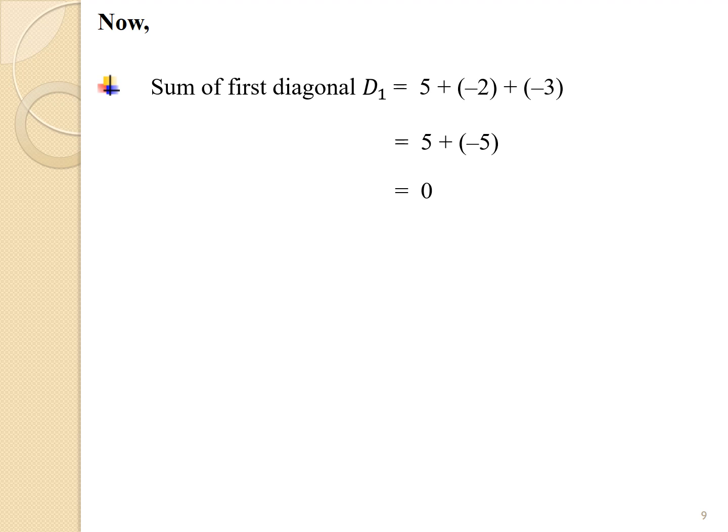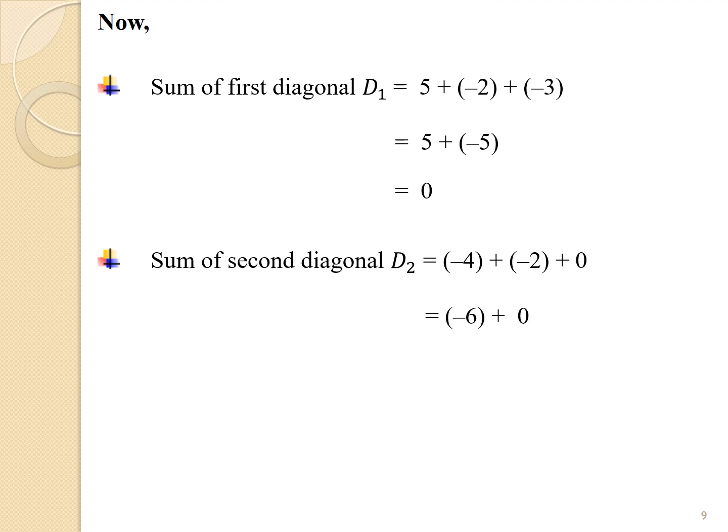Now, sum of second diagonal equals -4 plus -2 plus 0, which is equal to -6 plus 0, which is equal to -6. Thus, sum of second diagonal is -6.